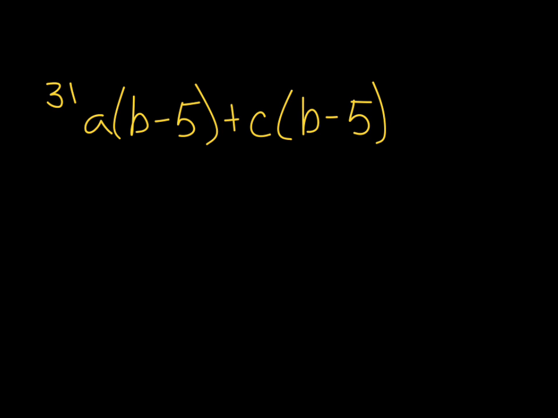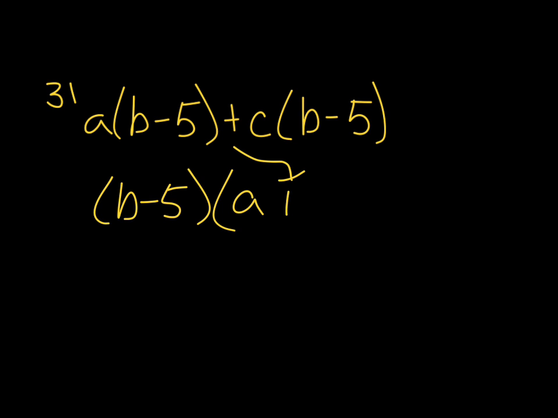So just like a greatest common factor, we're going to take the B minus 5 out front. What was left over from the first term? A. What's left over from the next term? C. Okay, then you're going to take that plus sign with it.